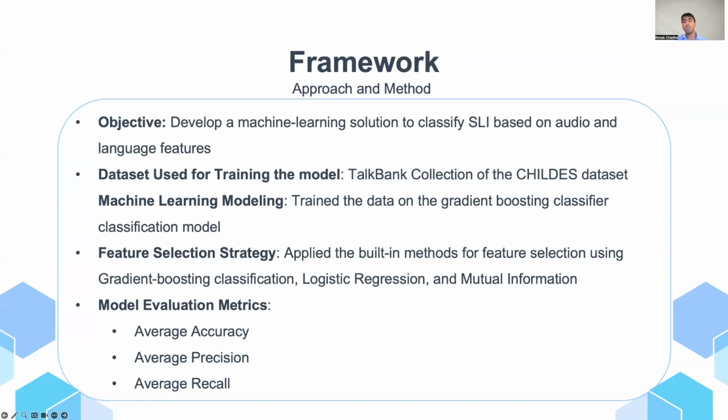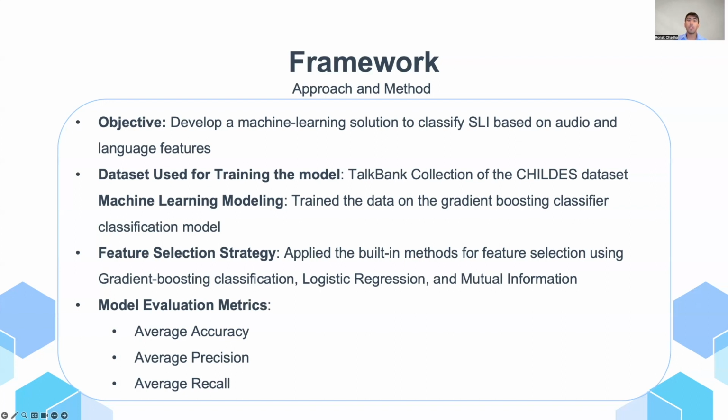Next, I selected the gradient boosting classifier to train the data. This model works to achieve peak performance by optimizing the model's weights to reduce prediction errors. After training the dataset, I applied the built-in methods for feature selection to identify the salient features for specific language impairment classification. For this, I used two different ML models to select the top features, and these included the gradient boosting classifier and logistic regression. Additionally, I used the mutual information quantity.